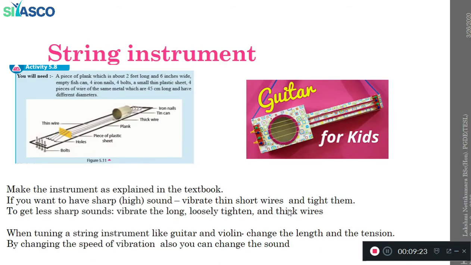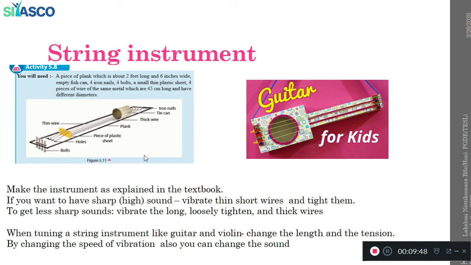The third type of musical instruments is string instruments. In activity 5.8, given on page 69, you have to construct a simple guitar as explained in the activity. For the activity, you have taken 4 wires of the same thickness and the same metal.